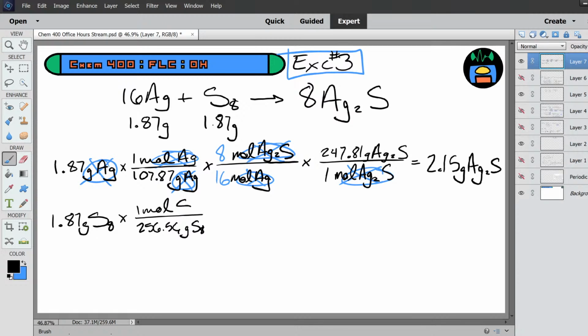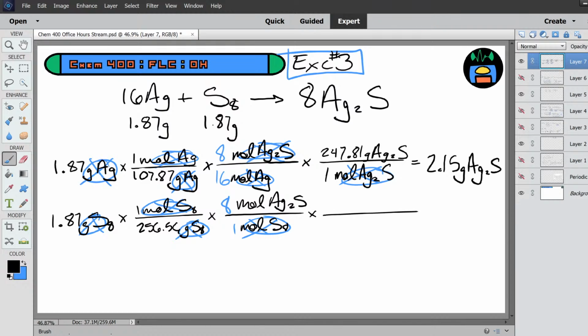This is moles of S8. Grams cancel. Next we convert moles of S8 to moles of silver 1 sulfide. 1 mole of S8 produces 8 moles of the product. Moles of S8 cancel.